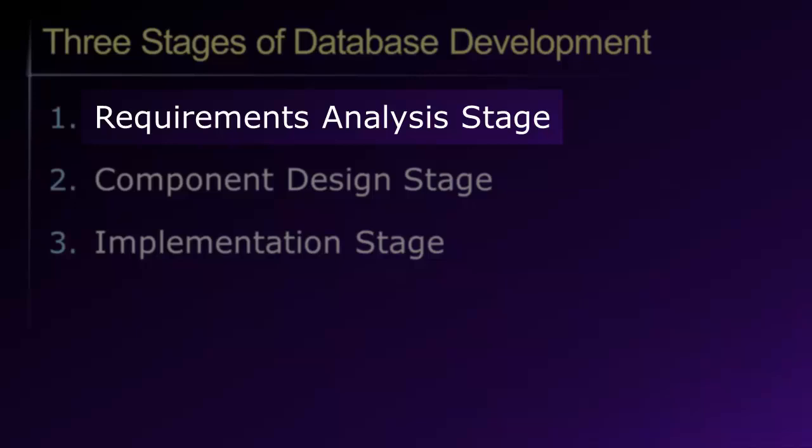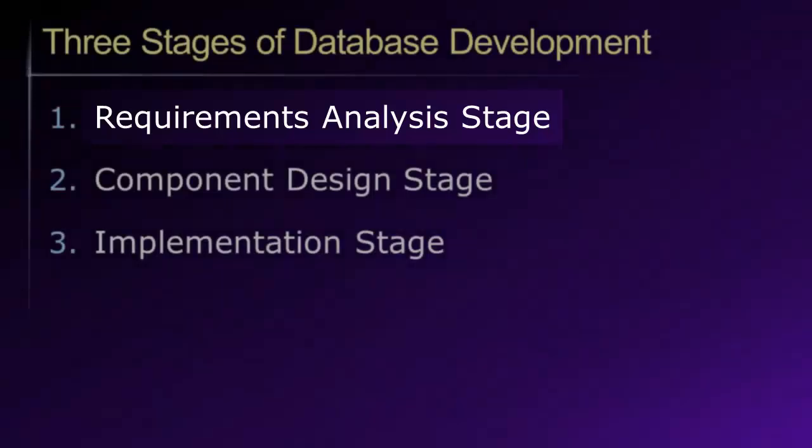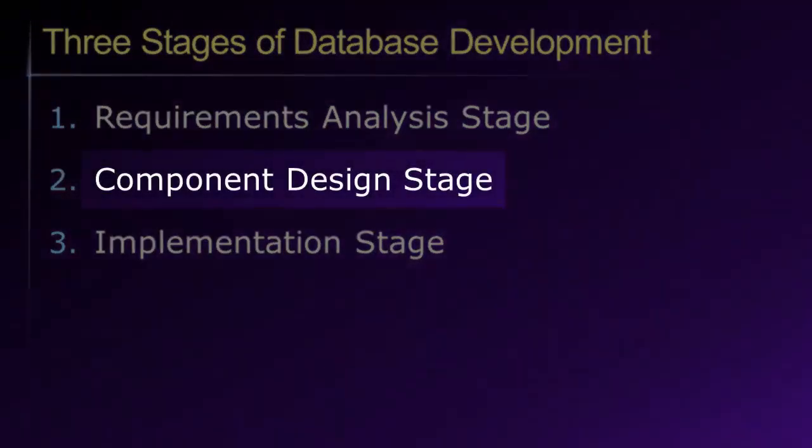Once we have completed requirements gathering, we can then move into the design phase. And the design phase is where we will create data models, which are graphical representations of the database solution which we ultimately hope to implement.